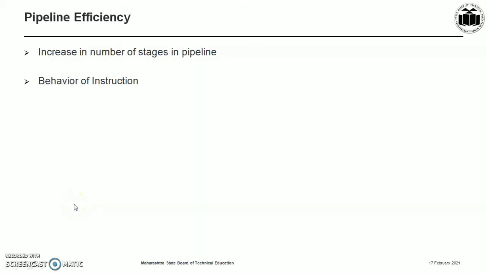Now we'll see pipeline efficiency, how we can design an efficient pipeline technique. An increase in the number of stages increases more problems. For simple processors, there are significant benefits in introducing pipelines from 3 to 5 stages long.